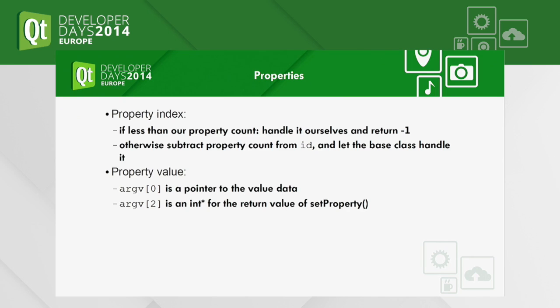The QMetaObject internals that are actually calling us here will recognize this and call the MetaObject of the base class. So we don't ourselves call qt_metacall of our base class. That's done outside. We just have to adjust the index, rebase it to be zero-based for the base class.